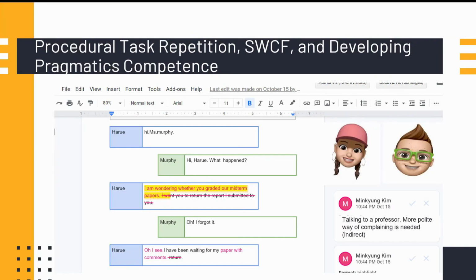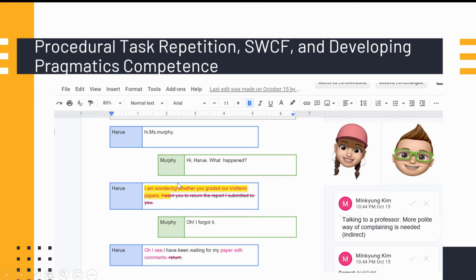And putting this task repetition and synchronous written corrective feedback together in teaching pragmatic competence. So this is just a screenshot of students' interaction based on the last scenario that I just presented. So Harue, hi, Ms. Murphy. Murphy, hi, Harue, what happened? So originally students wrote, I want you to return the report I submitted to you.